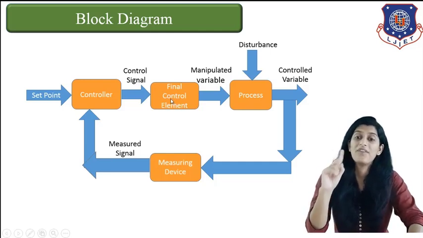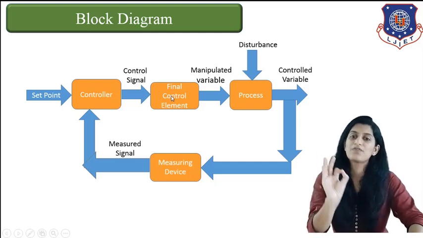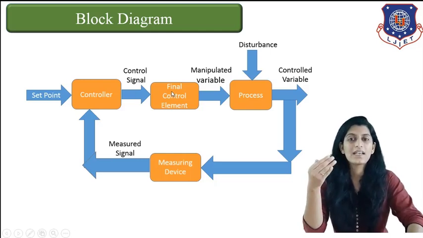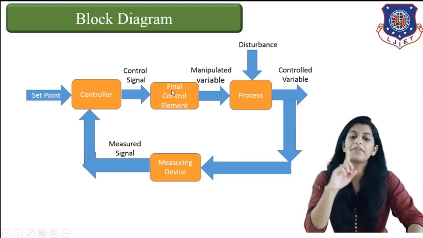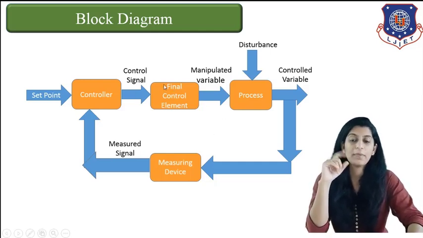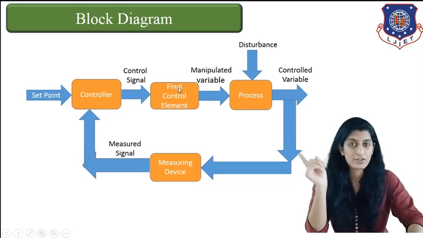Now the error is plus 5 degrees centigrade. So it defines that the heat has to be increased by 5 degrees centigrade. Correct. So now the final control element will decide what it has to choose.